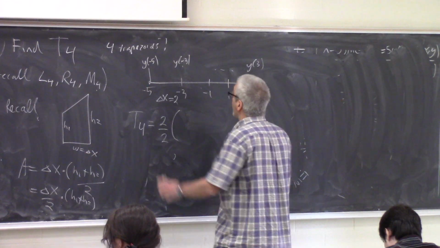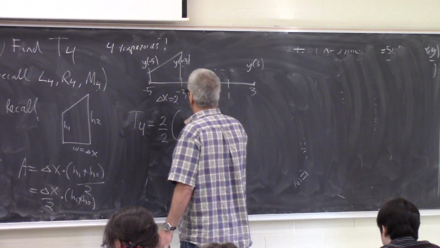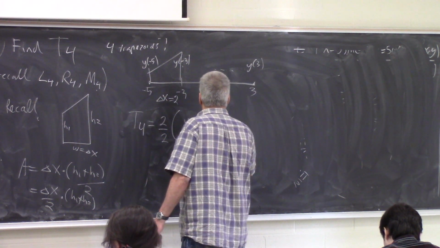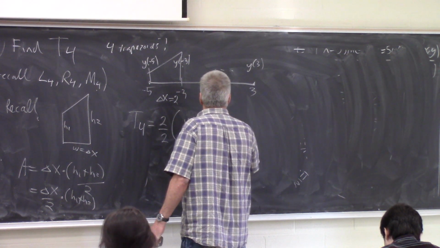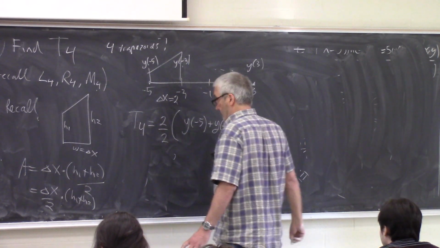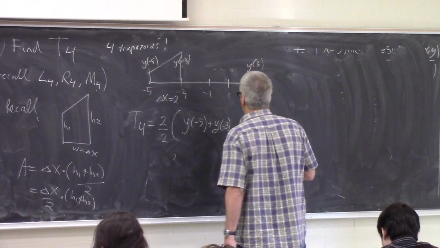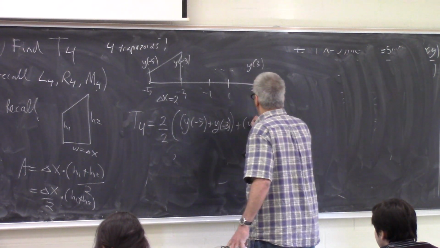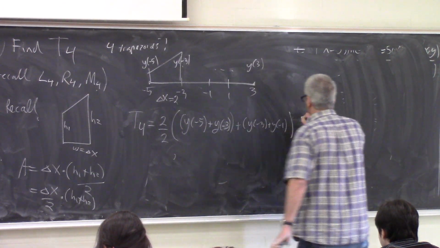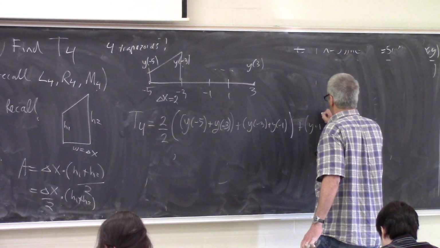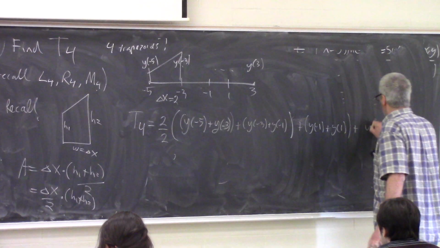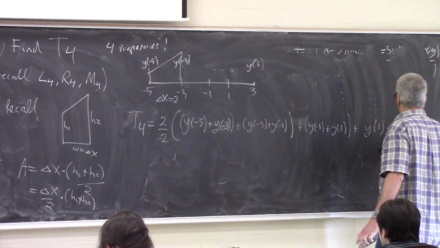And then I've got to find the area of each trapezoid. So that's going to be y at minus 5 plus y of minus 3, and the divided by 2 has already happened. And then y at minus 3 plus y at minus 1, then y at minus 1 plus y of 1, and then the last trapezoid, y of 1 plus y of 3.